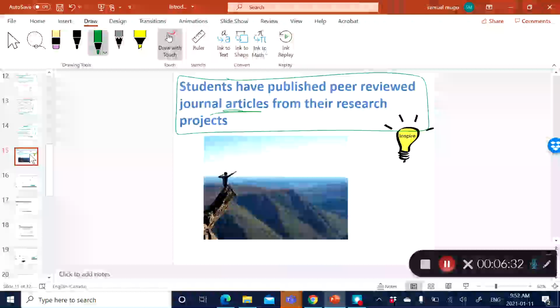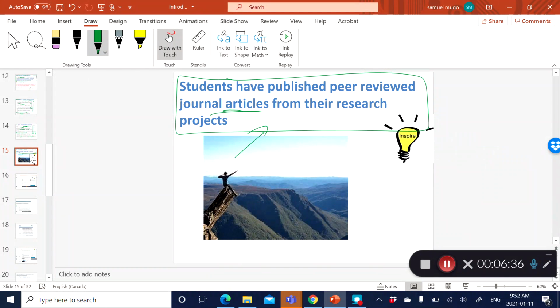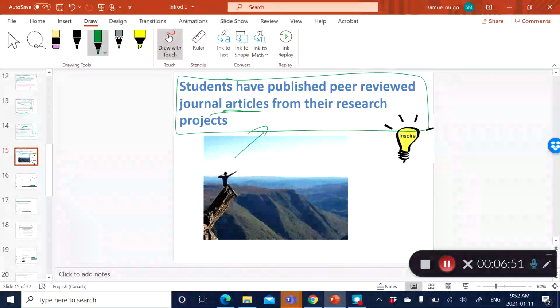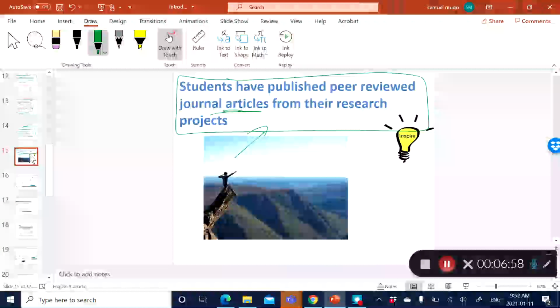If you go to graduate school, this is what the masters and the PhD students would aspire to do. They do the research in the lab, and they write the journal articles which they publish. By doing so, you're advancing chemical knowledge to the scientific community, but also, of course, to the public.